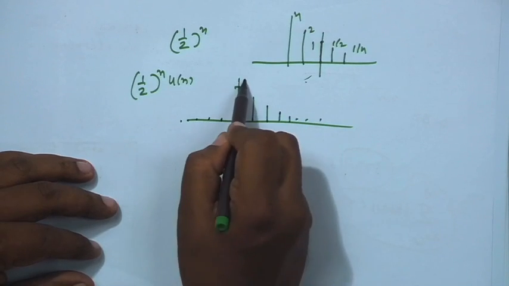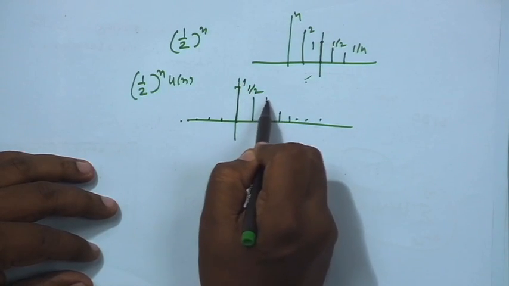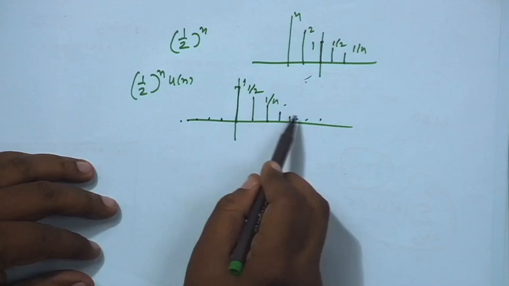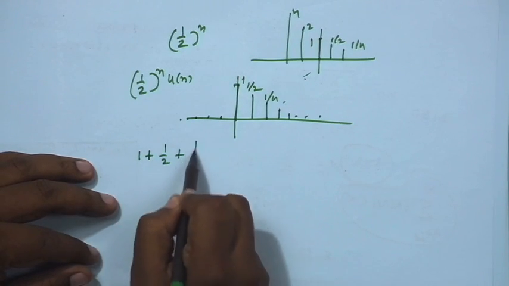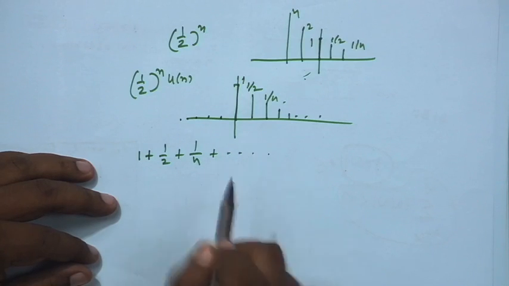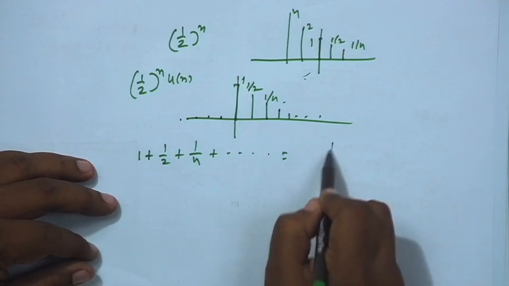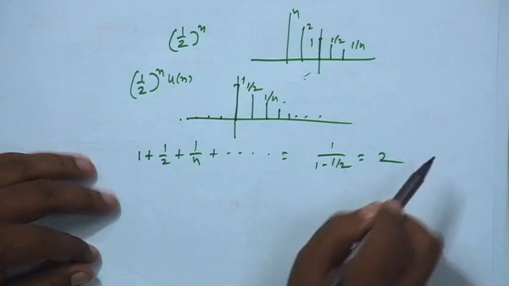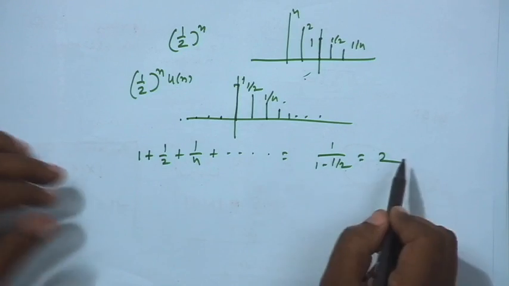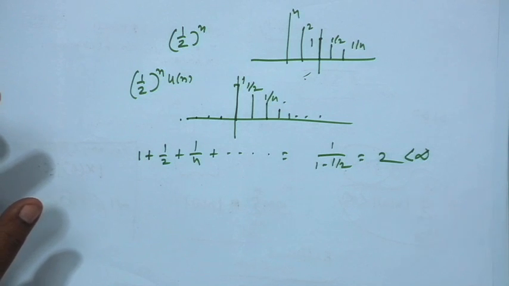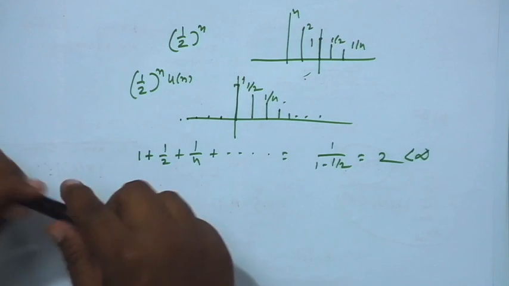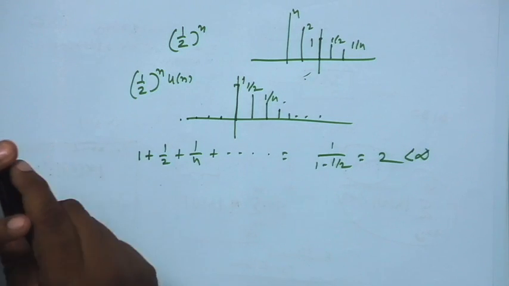If you take the mod values, which are these values only because they are positive, and add, the sum converges to 1 over 1 minus half, which is 2, a finite number. So in this case it will be BIBO stable. We want to design systems which are both causal and stable for real life operations.